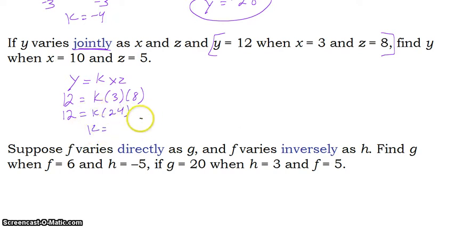If I divide both sides by 24, I've got k equals 1/2. So I'm going to find out what I get for y when x equals 10 and z equals 5, using the k value I just found. Half of 50 gets me 25.